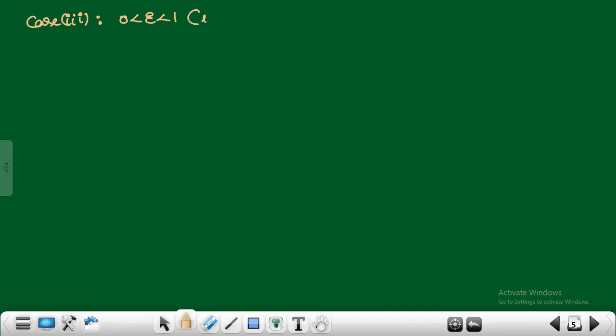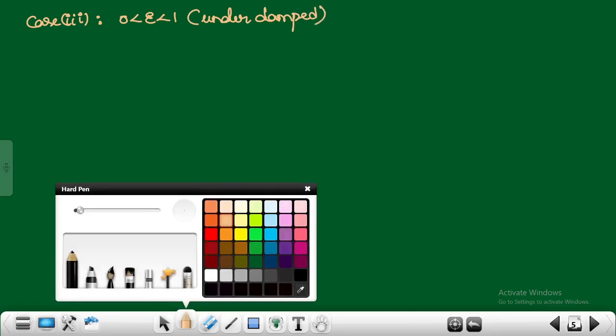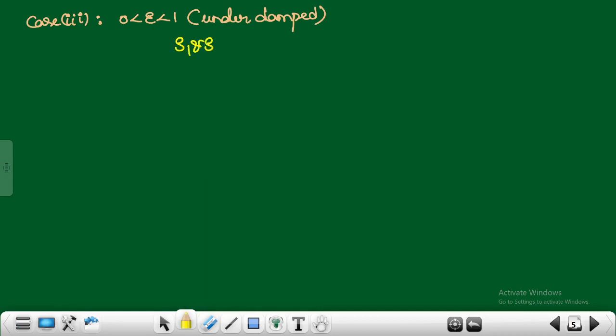This is called the under damped condition. Under damping condition, how will the nature of the roots be? Whenever it is under damping condition, we can say S1 and S2 are complex conjugate.